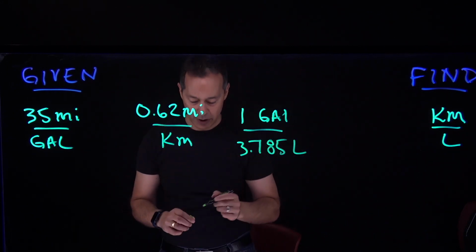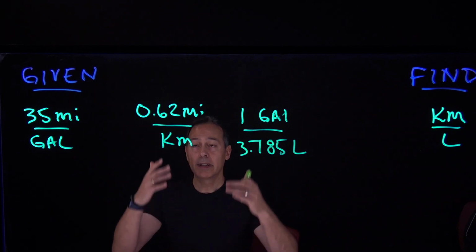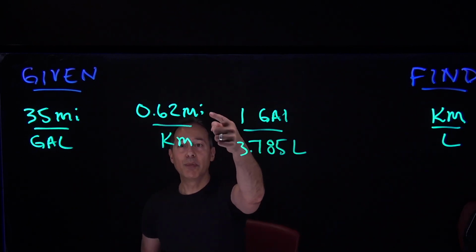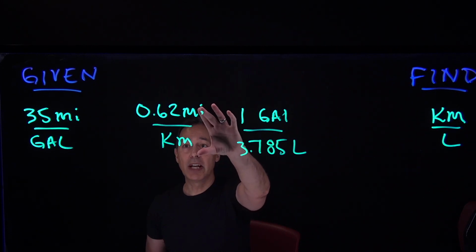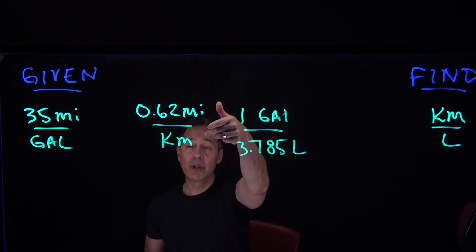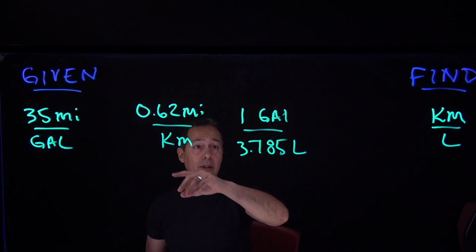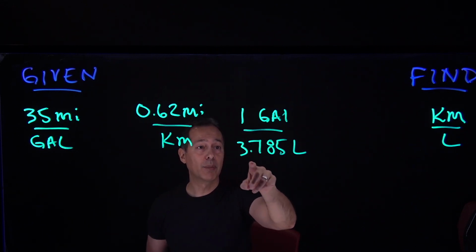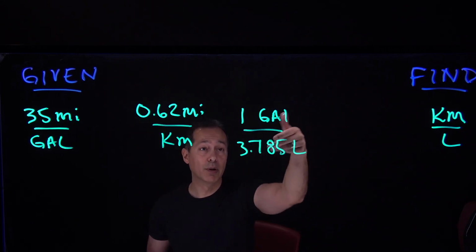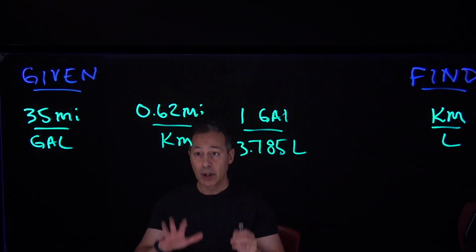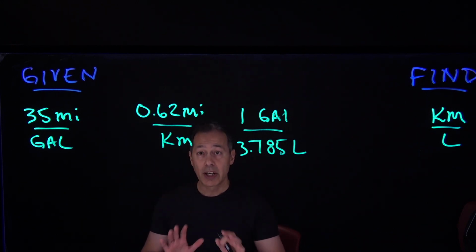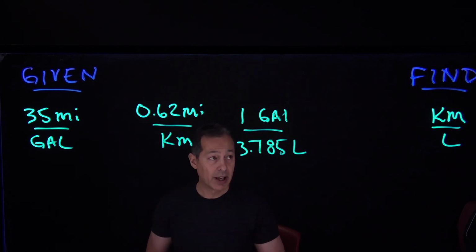And these are conversions. It's like 0.62 miles is equal to a kilometer. And if you take this conversion and you flip it over, it would be mathematically the same. So 1 gallon is equal to 3.785 liters. If we flip it over, it's the same thing, it's just a conversion factor. So that's rule number 3, writing out all of the conversions that we would know, or in this case, I'd have to look up.